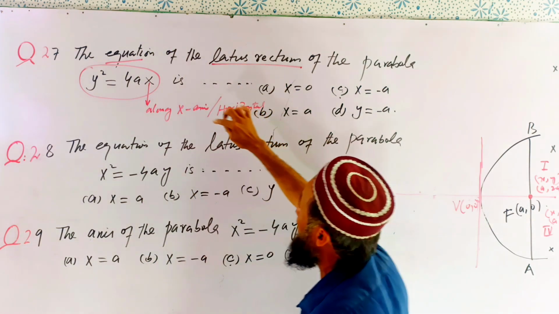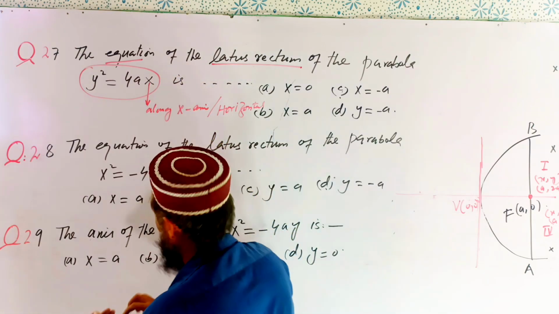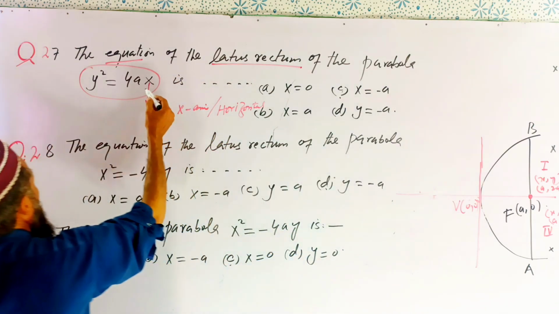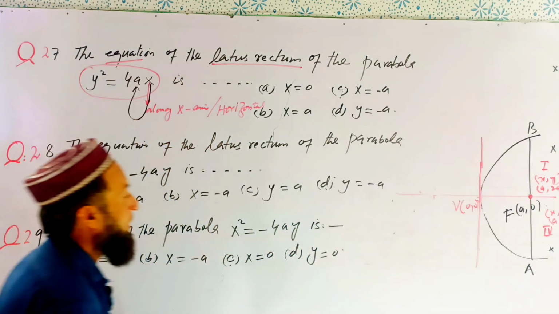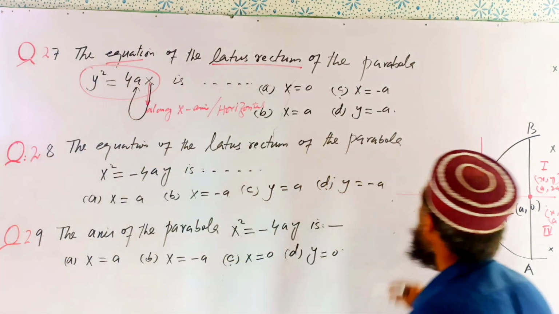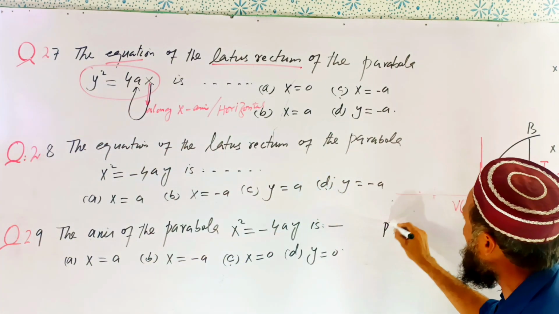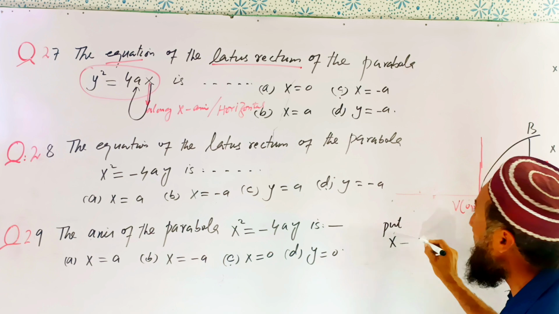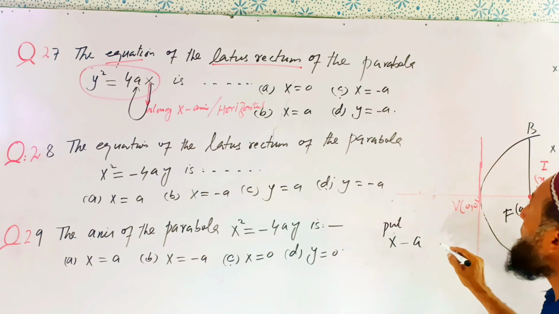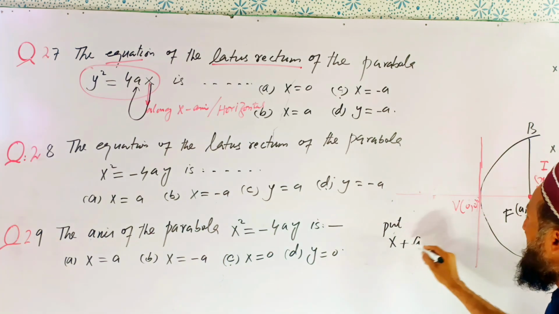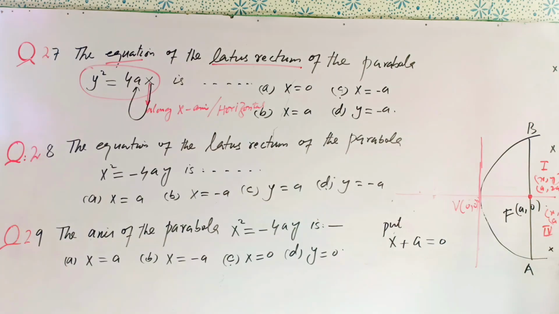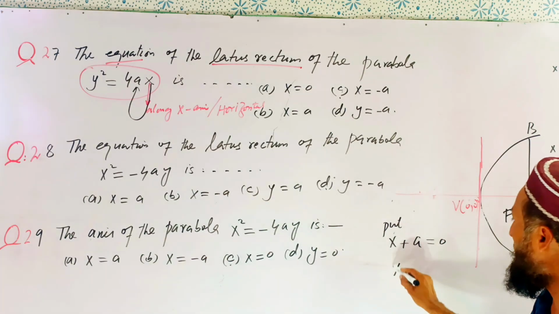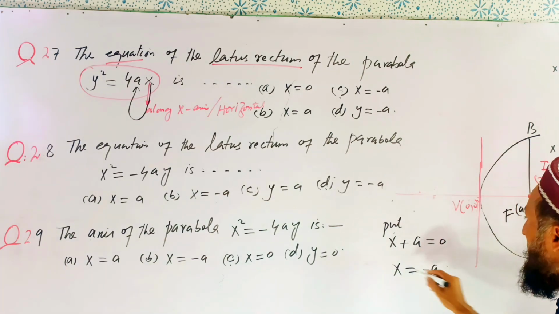There will be no change when we are finding the equation of latus rectum. So the parabola is along x-axis, so we put here along x-axis, there will be no change. Put x is equal to a, or we can say x is equal to minus a, x plus a is equal to 0. There will be no change, or we can say that x is equal to minus a.